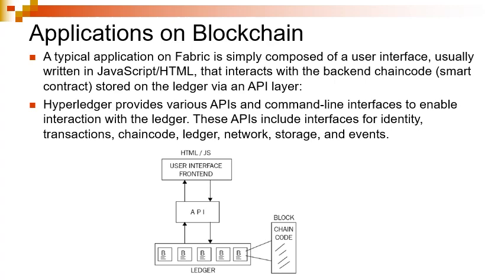Hyperledger provides various APIs and command line interfaces to enable interaction with the ledger, and these APIs can include different types of application interfaces for identity, transactions, chain code, ledger, network, storage, and events. So this is how applications can communicate with the ledger in Hyperledger Fabric.